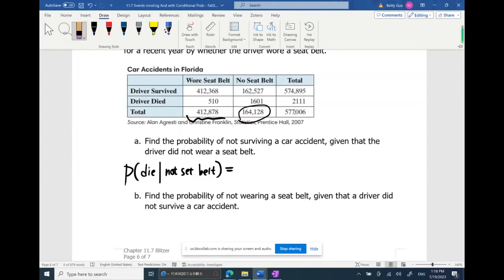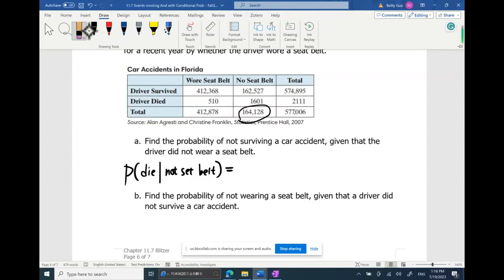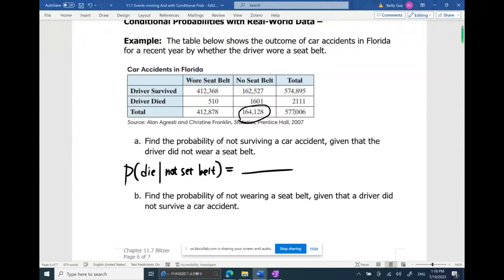So the denominator is going to be 164,128. Among those people who did not wear a seatbelt, how many of them are dead? This many died, right? 1601.